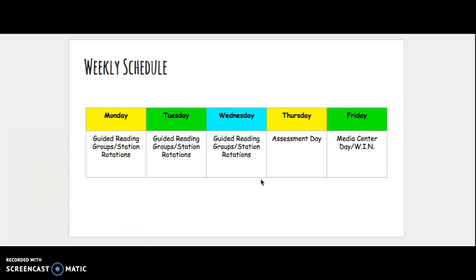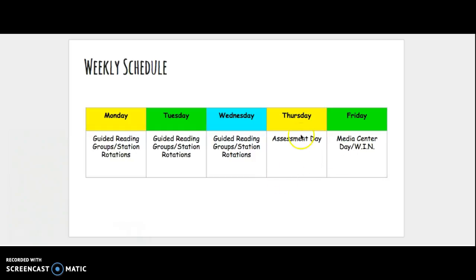And with my elementary background, I am familiar with this and I'm not as nervous about it as other teachers are. So I'm going to go ahead and implement it right away, starting the first week of school. And so Monday, Tuesday, and Wednesday, students will be either meeting with me or in one of the three stations that I have designed for the classroom.